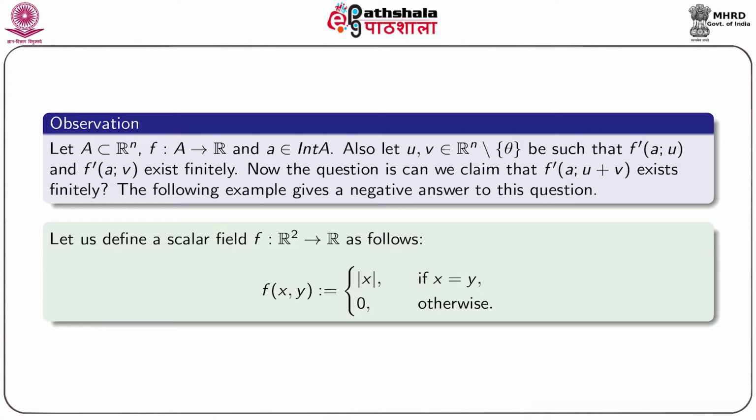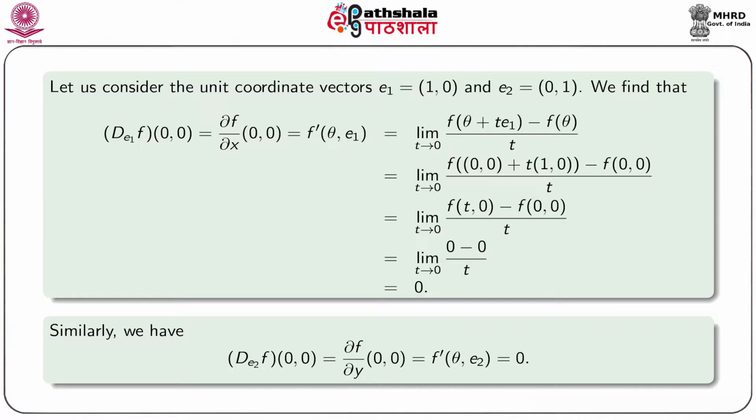We define a scalar field f from R^2 to R as follows: f(x, y) is defined by modulus of x if x equals y and otherwise it is 0. We consider the unit coordinate vectors e1 equal to (1, 0) and e2 equal to (0, 1).